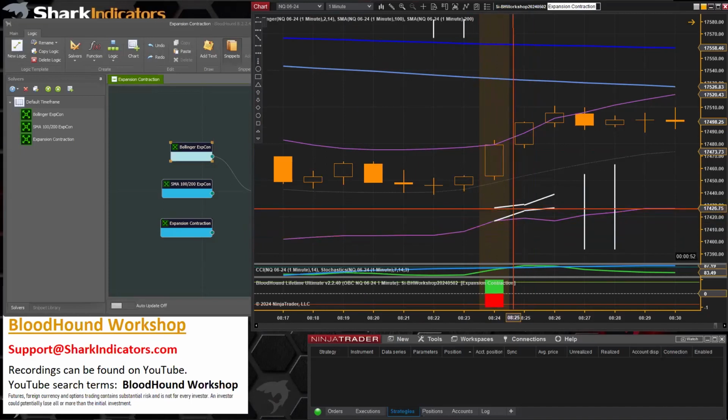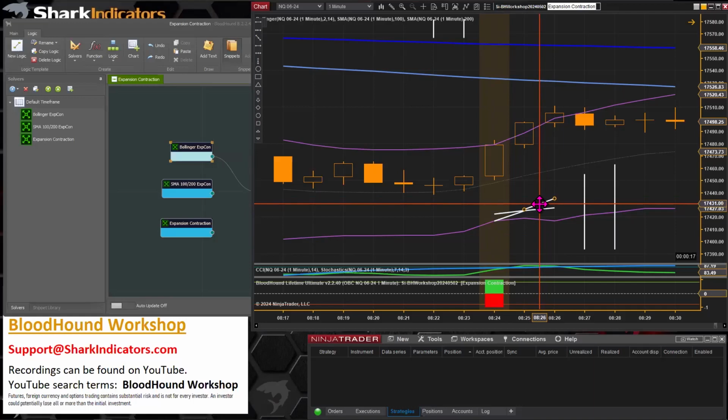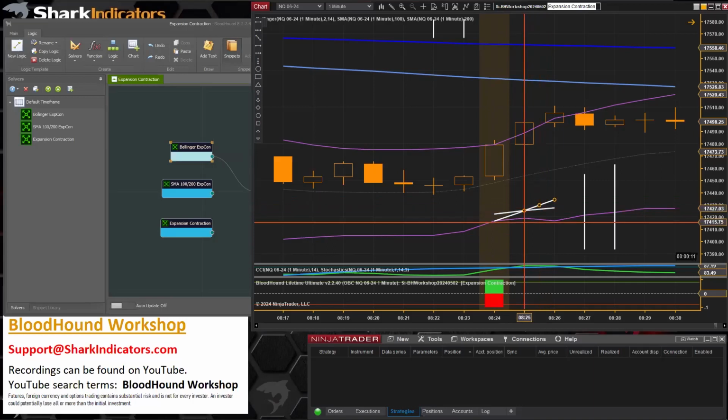So you're checking the slope of the previous 2 bars to the slope of the next 2 bars, and checking to see if those slope angles are expanding or contracting. And we can see here when we put these really close to each other that the prior bar was contracting, and the next 2 bars here are expanding.